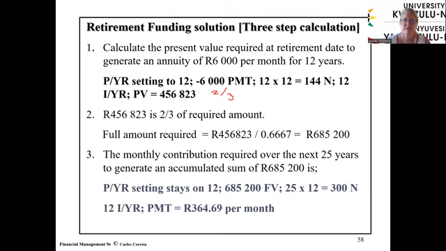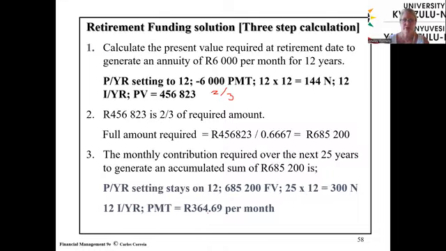So keep your PYR setting on 12 because the interest is still being compounded monthly. Put the 685,200 in as your FV. Your N will be 25 years times 12 because there'll be 300 contributions that she'll make every month for 25 years. 12 is the IYR. The computer will divide it by 12 for us.